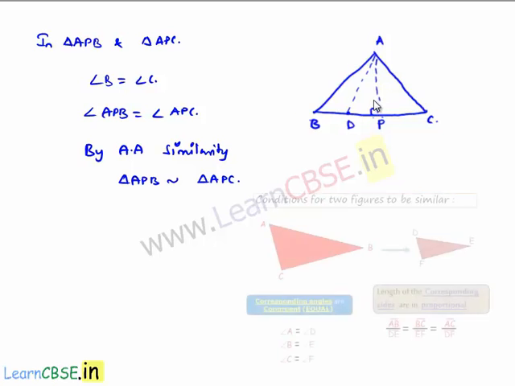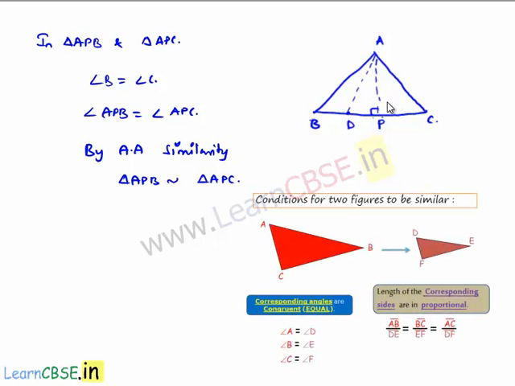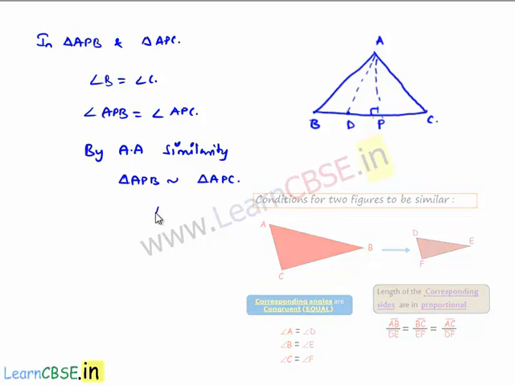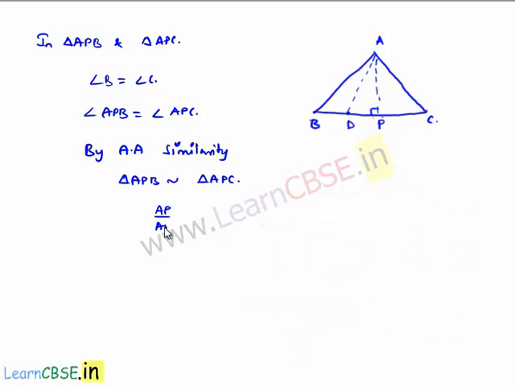So, we know that when two triangles are similar, then their corresponding sides will be in proportion. Here, AP by AP will be equal to PB by PC will be equal to AB by AC, which implies AP by AP is nothing but 1 and AB by AC is nothing but also 1, because in equilateral triangle all the sides are equal.